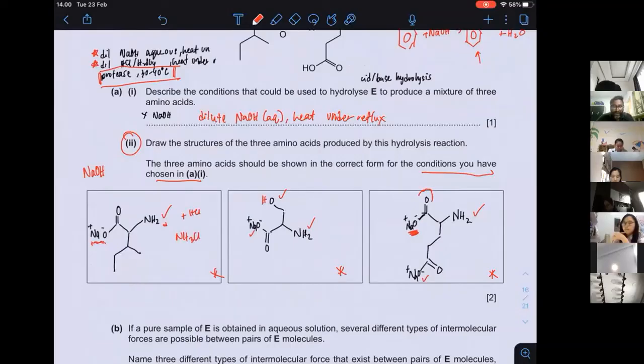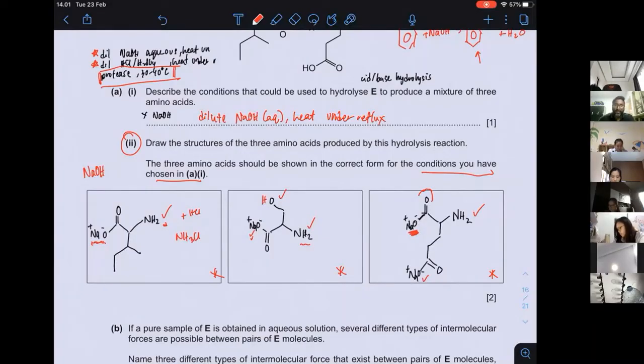Please check accordingly, they will have different products. If you are using HCl, then this part will be OH, but anything that has NH2 will have NH3Cl. They follow accordingly. That's why they give you a general equation over there, so that you can follow.